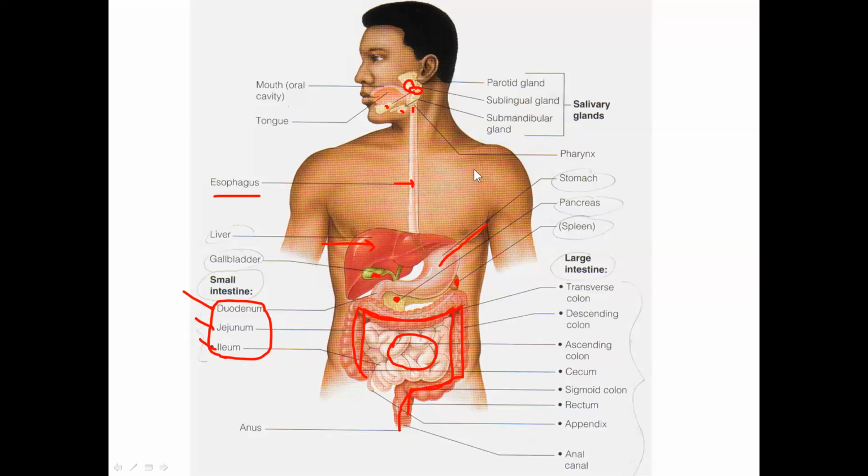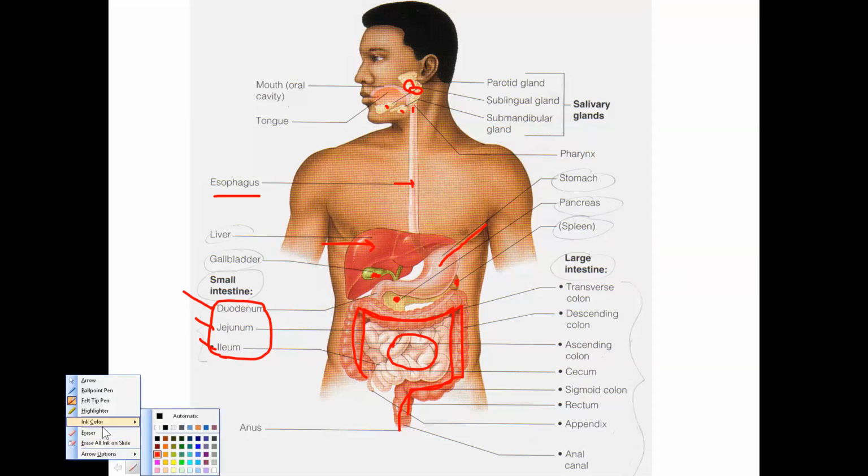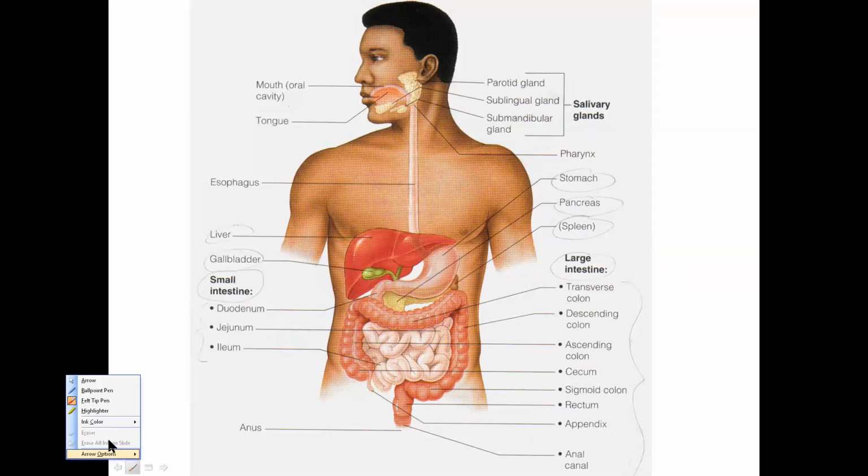So really what you missed, if the screen share was not there, was the different parts. That was the saliva glands, which are here. Your food tube, which is the esophagus.